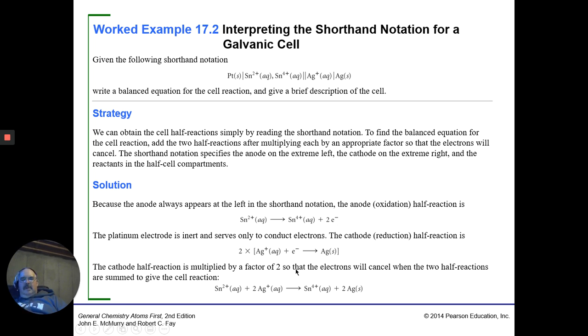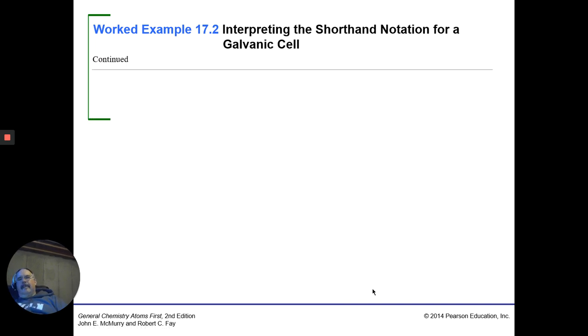We're losing 2 electrons. Each silver is gaining 1 electron, so we need 2 silvers. And so the overall reaction is tin 2 plus 2 silver ions produces tin 4 plus 2 silver atoms, or silver 0.